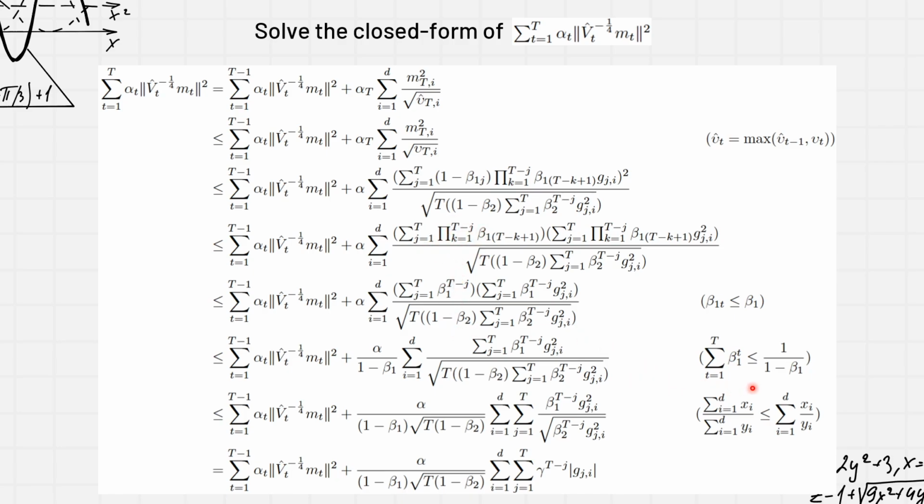And here we use the upper bound of a geometric series. And here, because each xi is divided by the sum of all yi, this term will be less than xi divided by each yi.